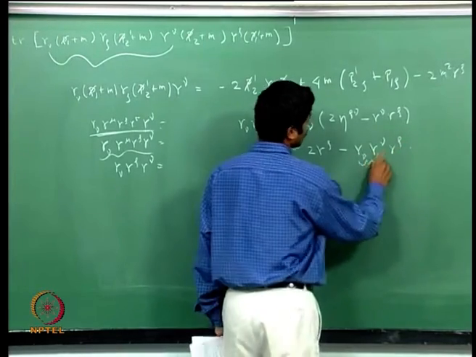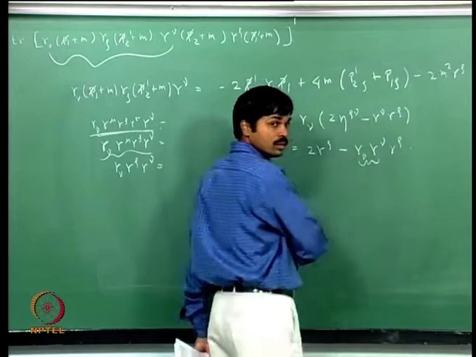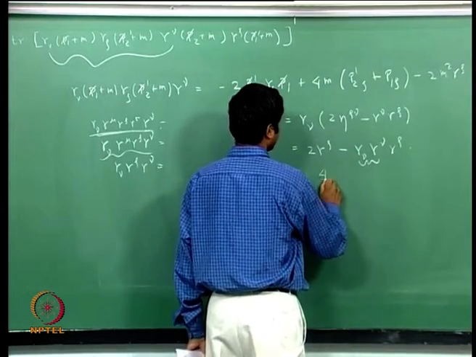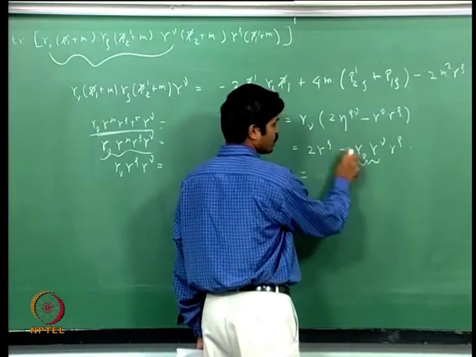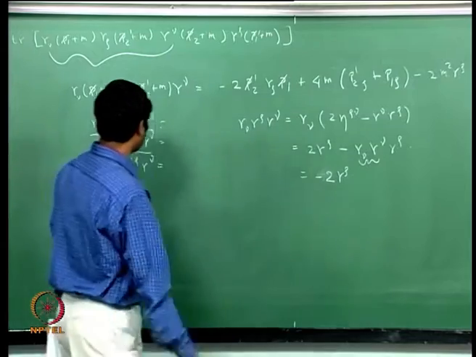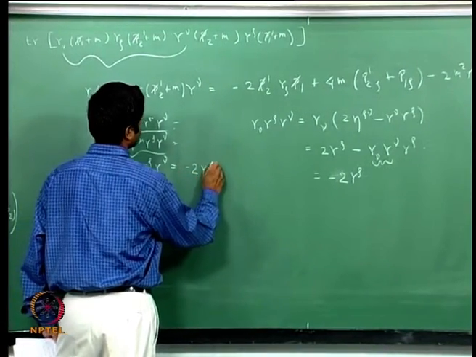What is gamma nu, gamma nu? It is 4. So, this is 4, 2 minus 4, which is minus 2 gamma rho. So, this quantity here is nothing but minus 2 gamma rho.